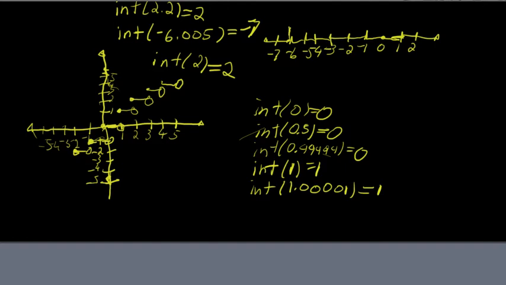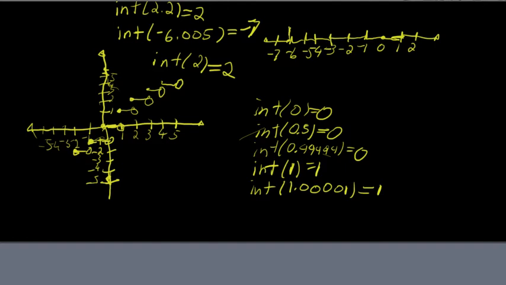And remember, that's equivalent to the biggest integer that's to the left on the number line of negative 1.0001, which is negative 2. Alright, so you can see that negative 1.0001 falls on this y equals negative 2 stair step.